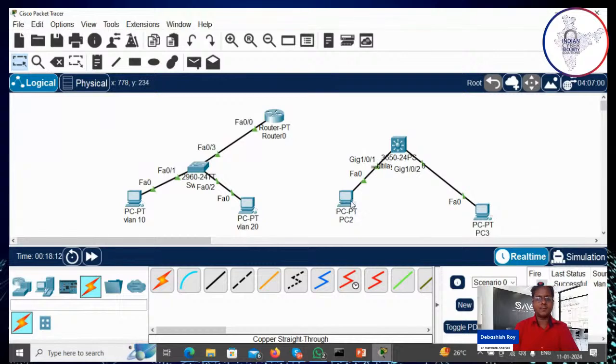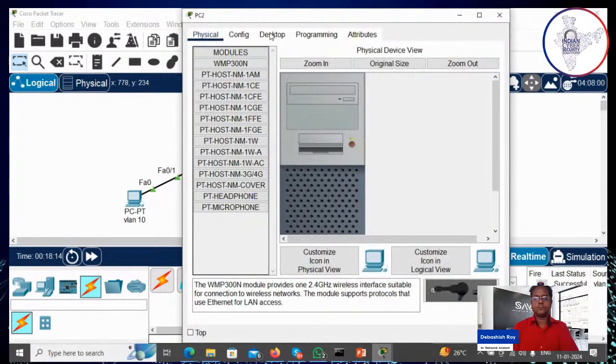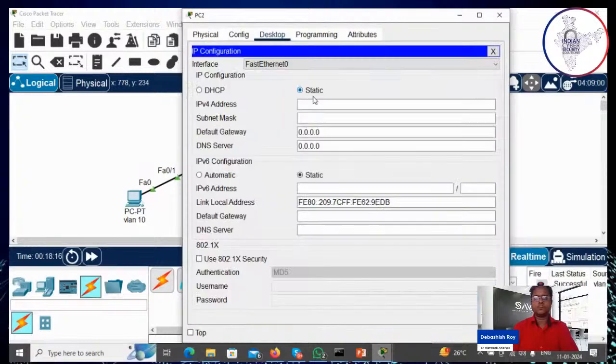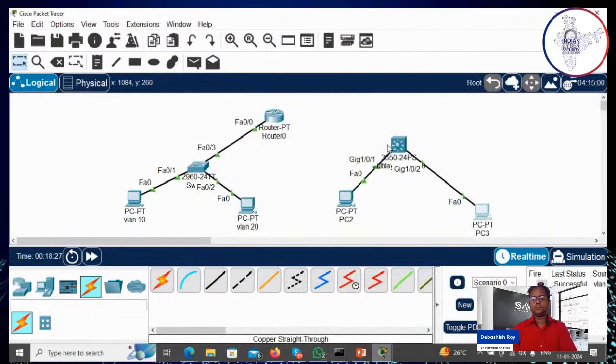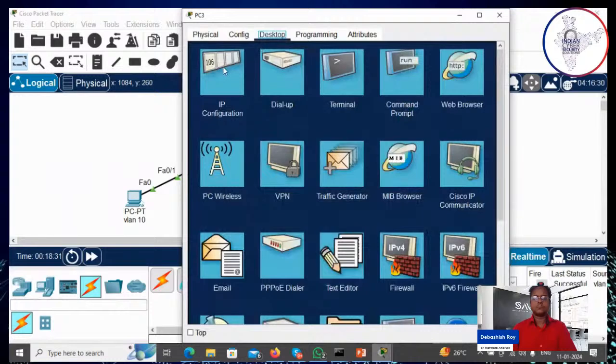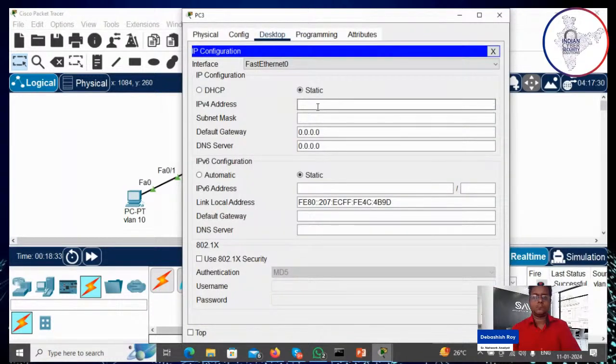Anyway, we can add the IP address here. 20.100 and the gateway is 20.10. Say it's 30.100.